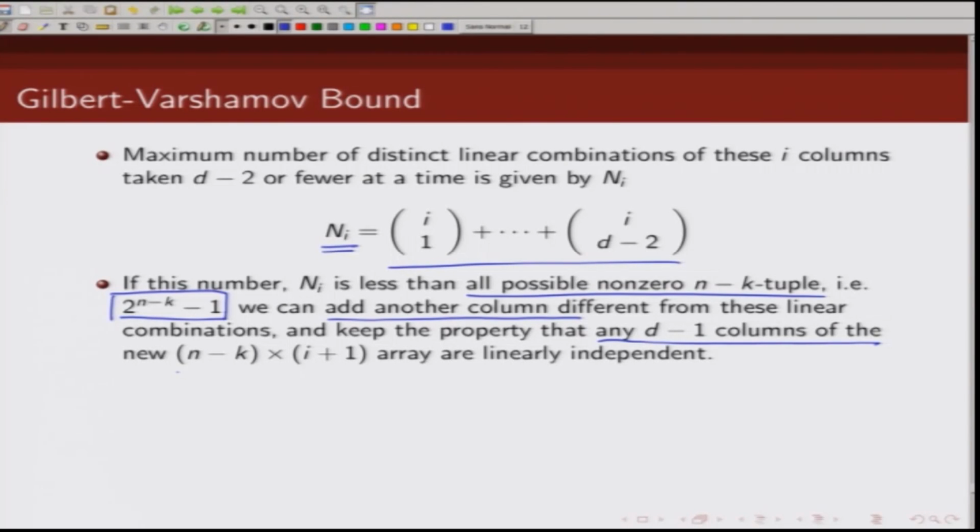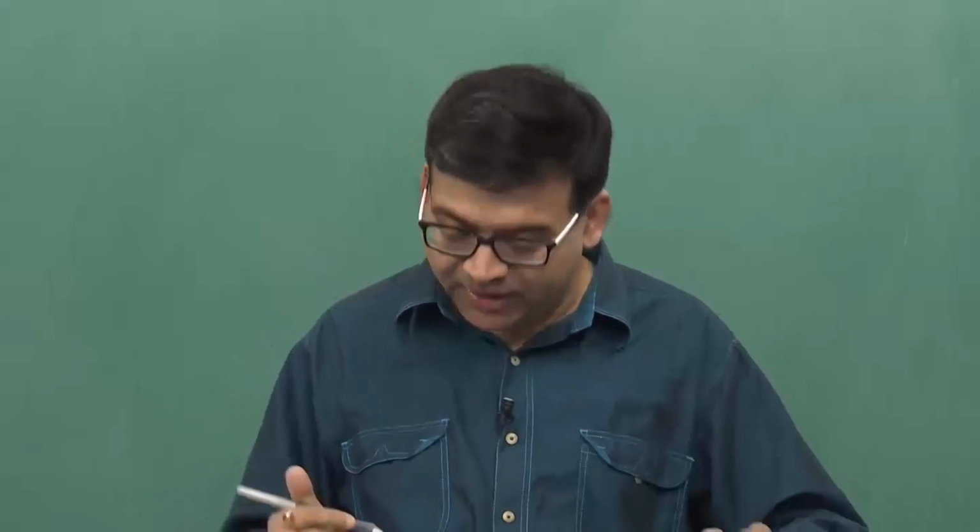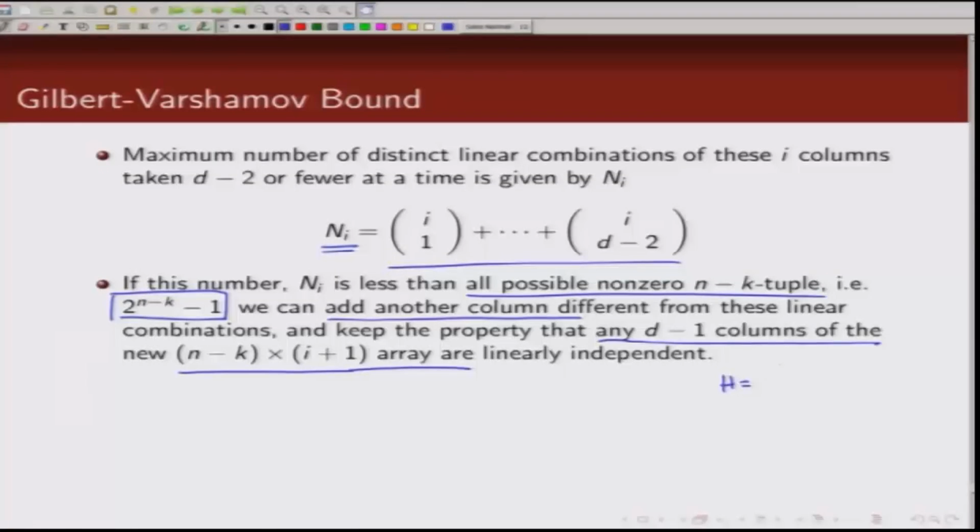So, this new (n minus k) cross (i plus 1) matrix will be linearly independent. Now, we have to ensure that this property holds for all i's, up to n, because when we are constructing the parity check matrix, we have to construct a total of n columns.